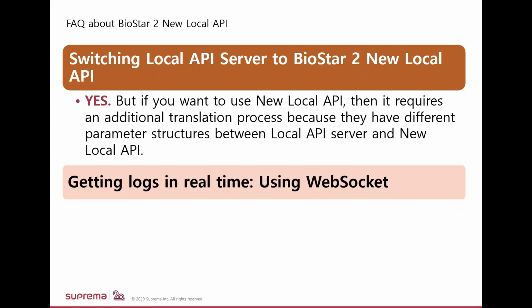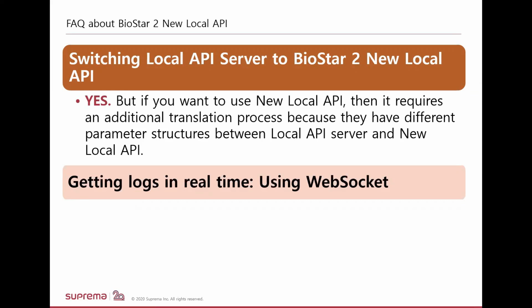Previously, the local API server was provided in a form where the relevant parameters were processed for your convenience. Since the parameter structure of the local API server and BioStar 2 New Local API does not match completely, even if the API name is the same, parameter information can be added, changed, or deleted.